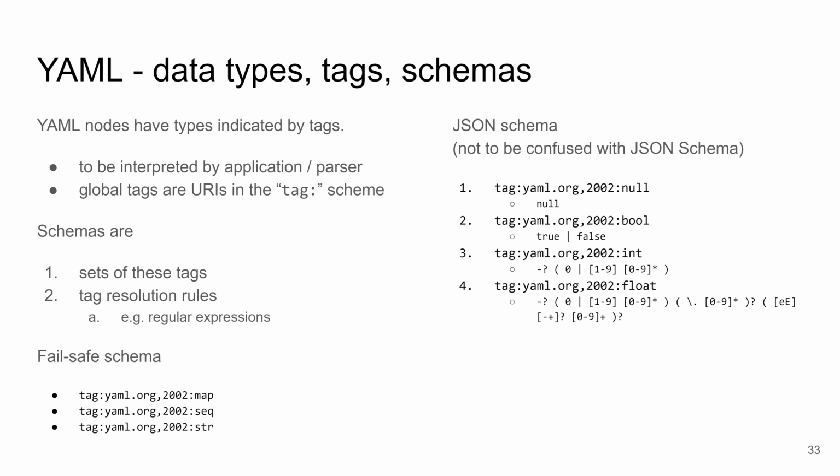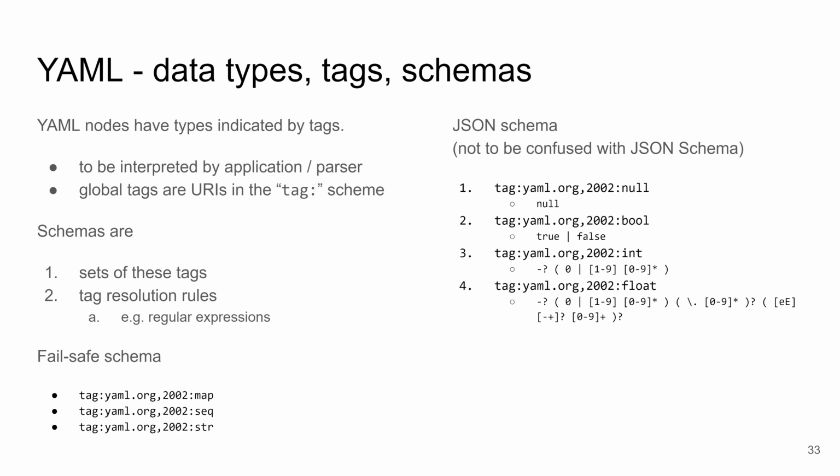And there you can see the tag resolution rules. So null is a null. A Boolean value is tagged with the Boolean tag when it matches the true or false regular expression. And the value is tagged with the integer tag when it matches the expression in the third line there, which corresponds to an integer value.